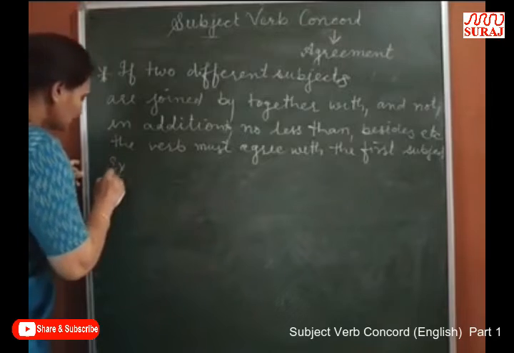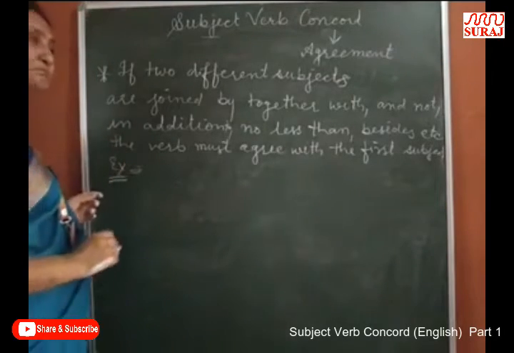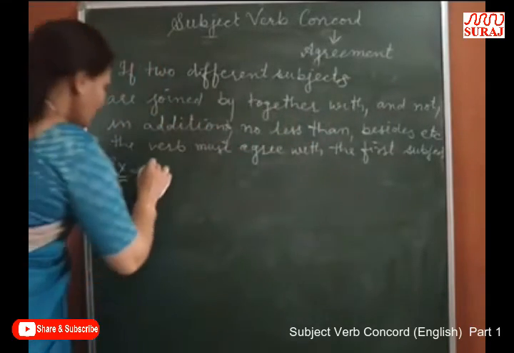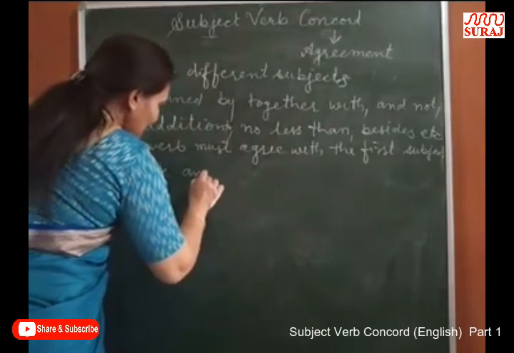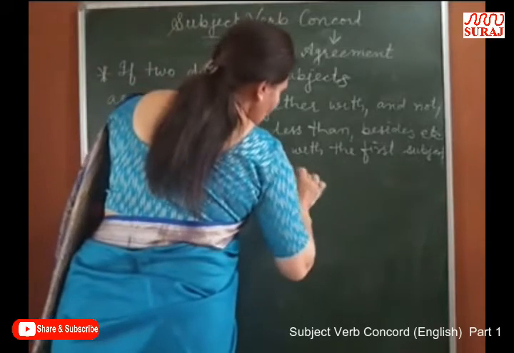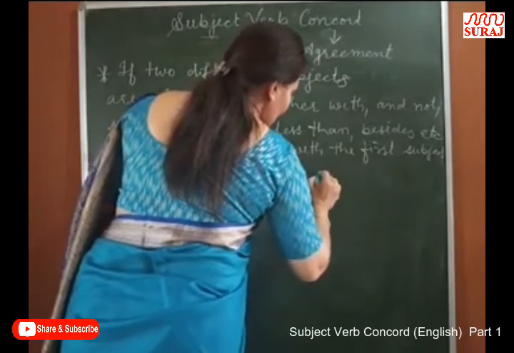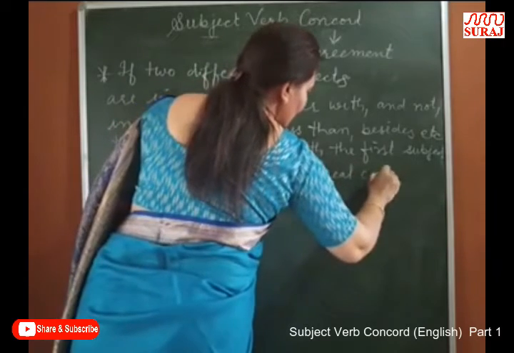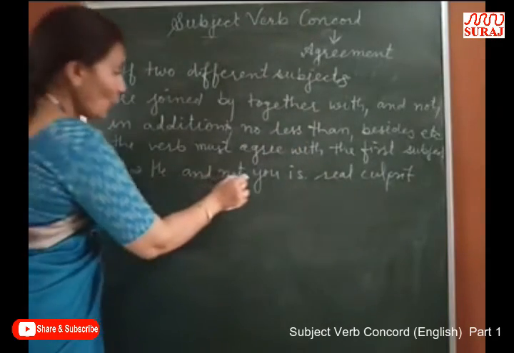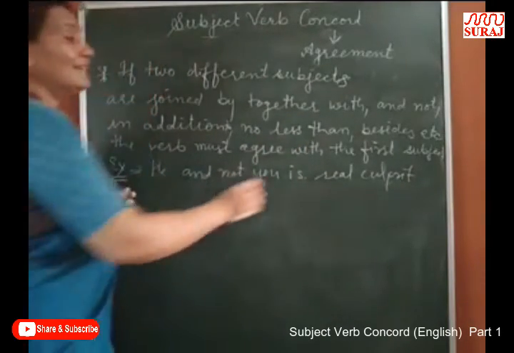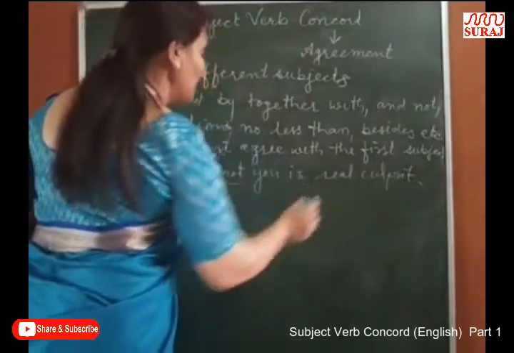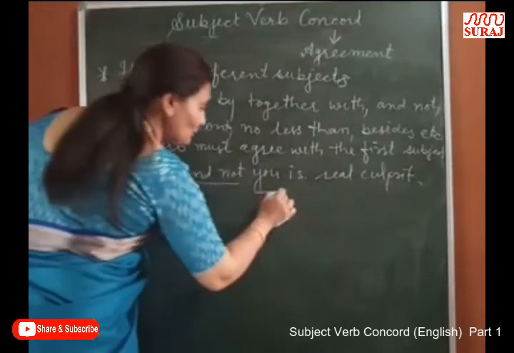Look here at what I have written: together with, and not. He and not you is a real culprit. Here there are two subjects, two different persons.